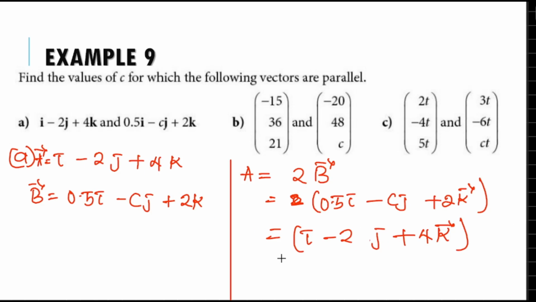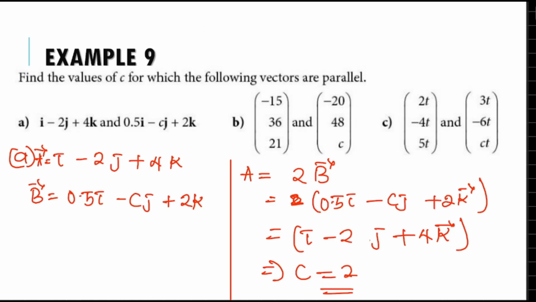It then implies that c is equal to 2. Yes, okay, so c equals 2, because if we divide the first vector by 2, we are going to get the second vector. I think we should always use the one that has a complete solution to find it, so we can solve from A to B here instead.